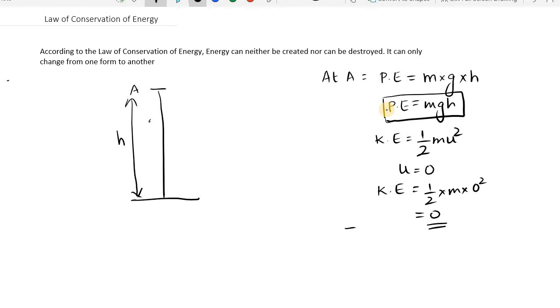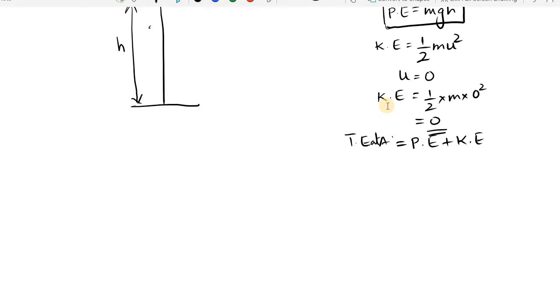So the total energy at A is equal to potential energy plus the kinetic energy. The potential energy plus the kinetic energy is mgh plus half m v squared, but here the kinetic energy is 0, and so the total would be mgh.